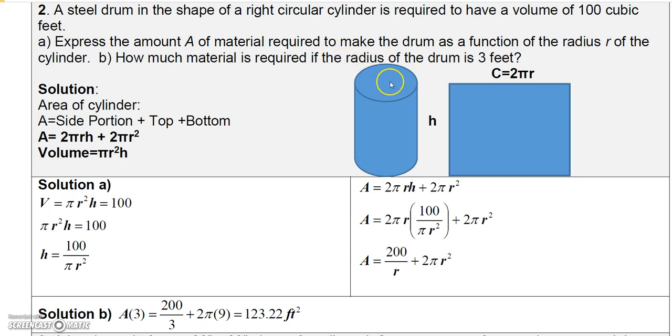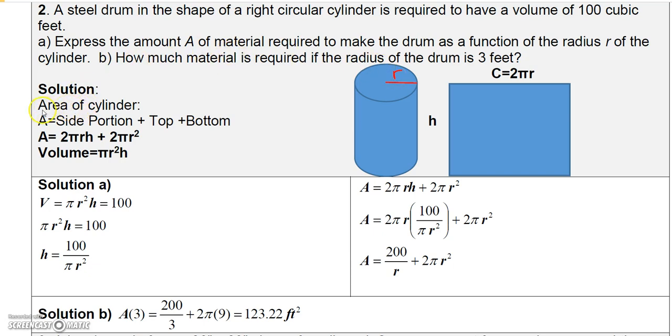I don't actually have the radius written down here, but basically the radius would be the distance from here to the edge of the cylinder. And so that would be your radius right there. There's another question too. It says how much material is required if the radius is 3 feet. So we'll figure that out once we get the function.